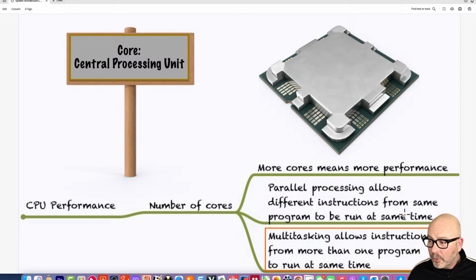So for example, if you're running something like an old MacBook Air, and you try and do some video editing, and you get it all set up, and you click the go button to make it edit. If you then try doing anything else, it'll just be super slow, because all of the CPU power is being used to do that one thing. But you can multitask far better if you have multiple cores.